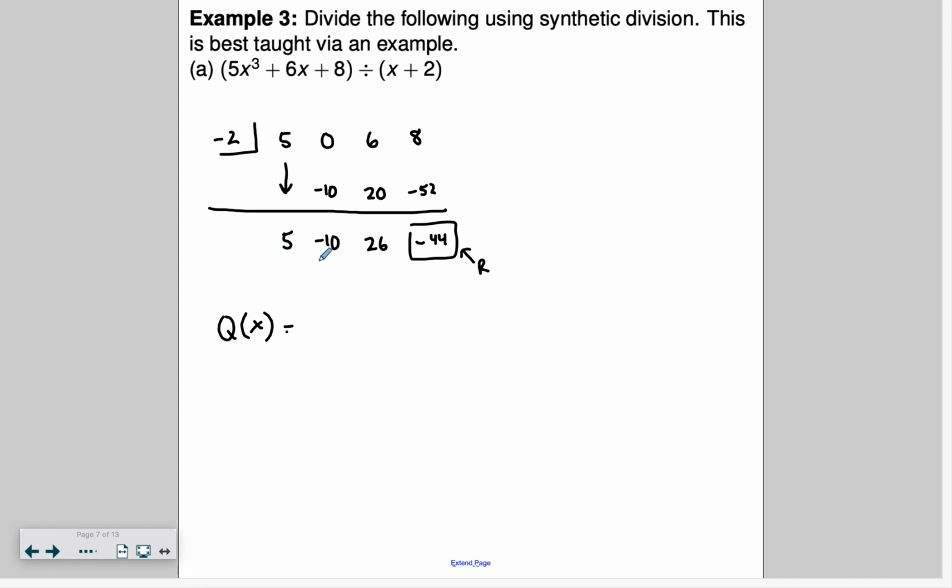So 26 is our constant, negative 10 is our coefficient of x to the first, and 5 is the coefficient of x to the second. So this will be 5x squared minus 10x plus 26. That's our quotient. And then our remainder is just negative 44. That's r of x.